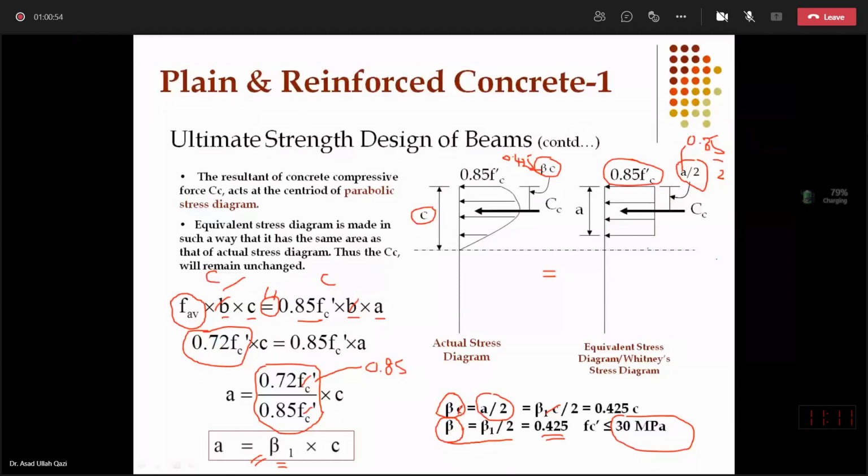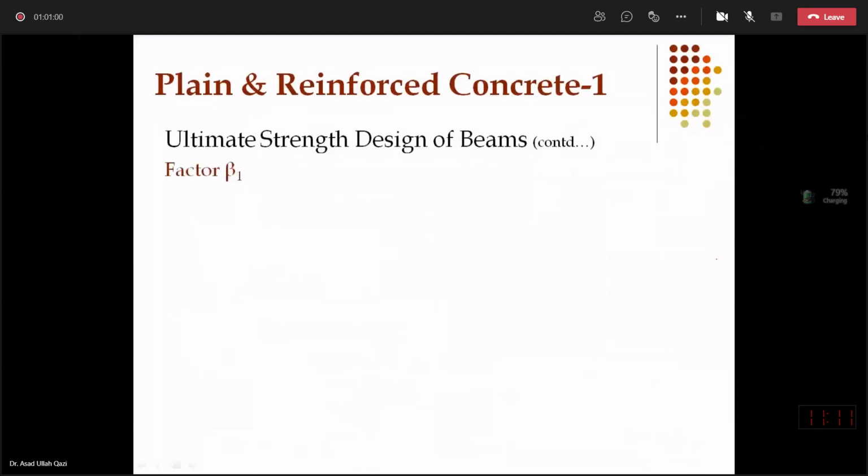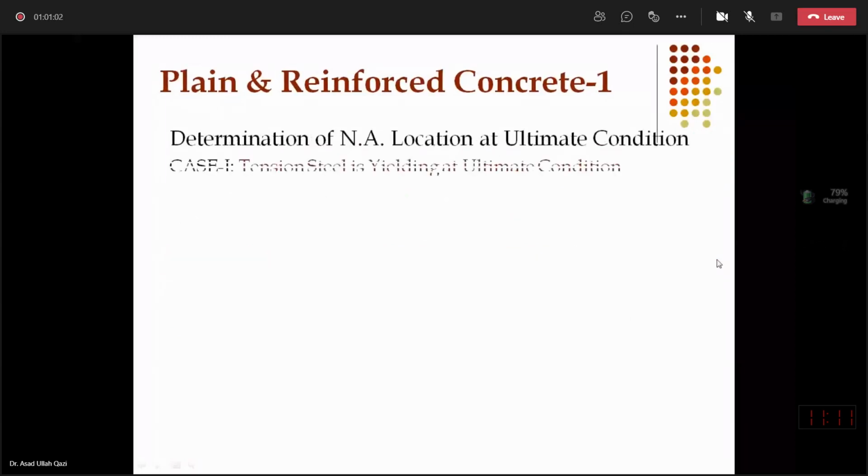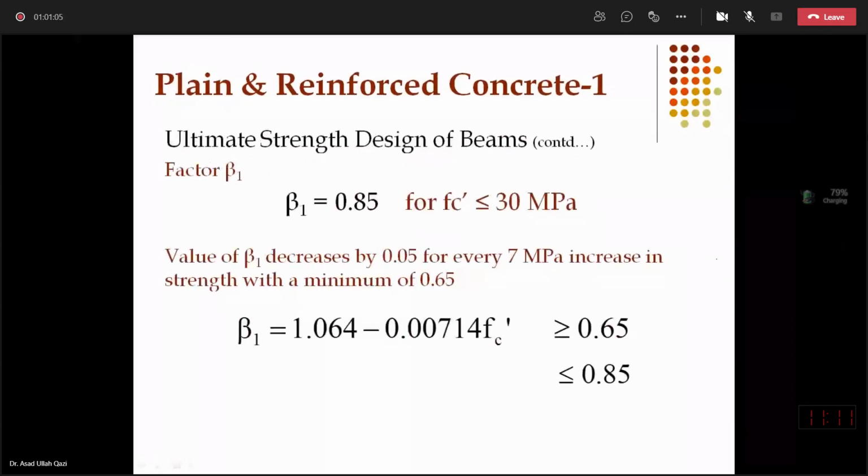Now, if you question how we will change this beta 1, the beta 1 relationship for higher grade concretes we can determine, and one equation which can help you predict beta 1 for concretes above 30 megapascal is given here. So if now you have a 37 megapascal concrete, put 37 over here and get beta 1.